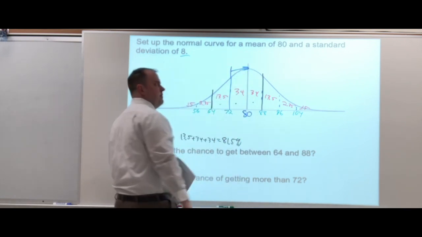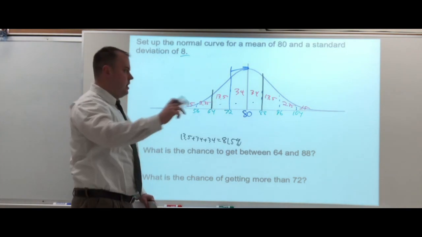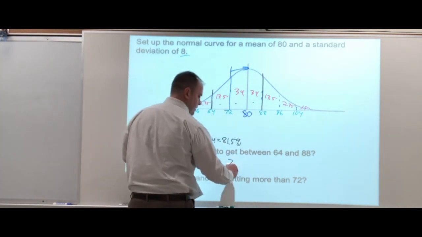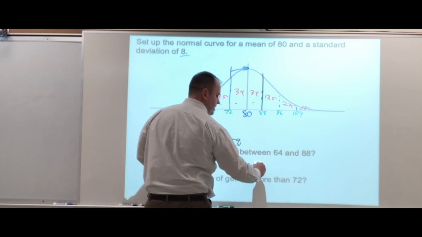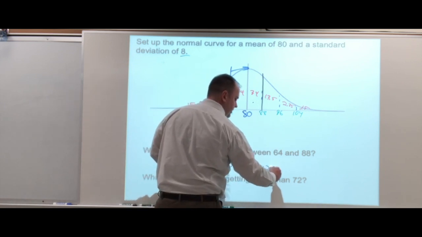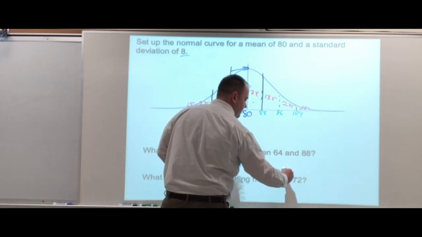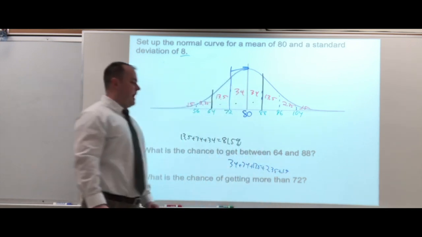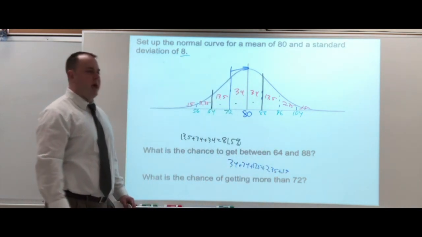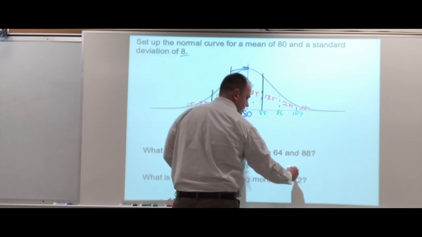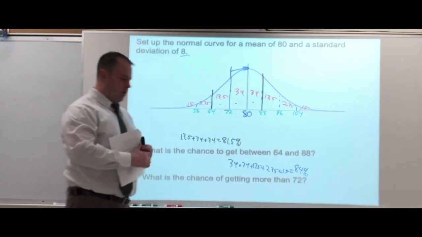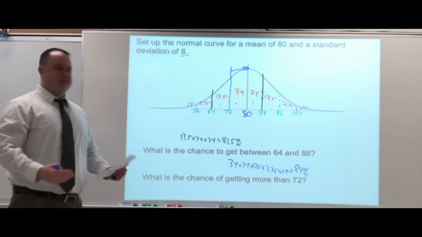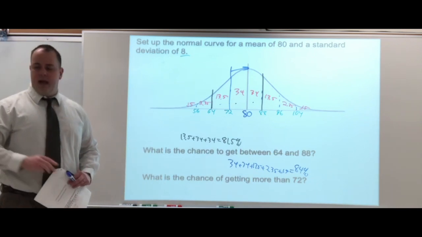So you're adding up every section from that blue line over to the right. 34 plus 34, 13.5, 2.35, 0.15. Okay, and if you add all those up, that should give you 84%. So once you have the curve set up, really it's just being able to add the percentages together.